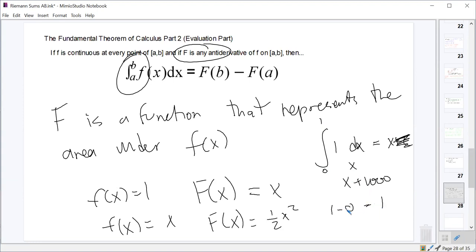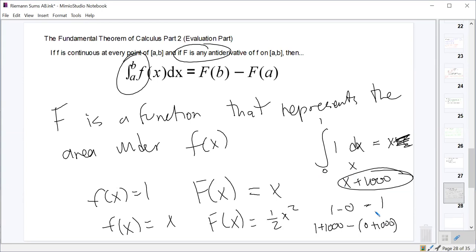Would get 1. But if I said I chose x plus 1,000, well, I'd have that evaluated at 1, which would be 1 plus 1,000, minus, and then that evaluated at 0, which would be 0 plus 1,000. And that constant, no matter what that constant would be, would always disappear. So when we have a definite integral, that constant disappears and it's insignificant.